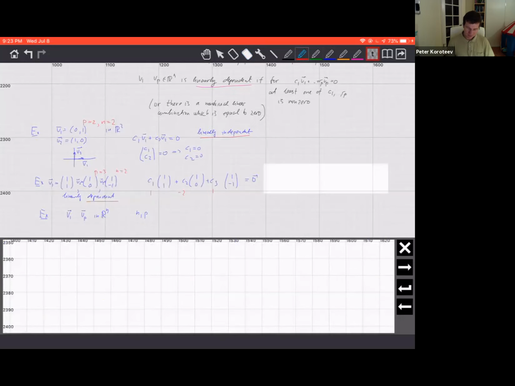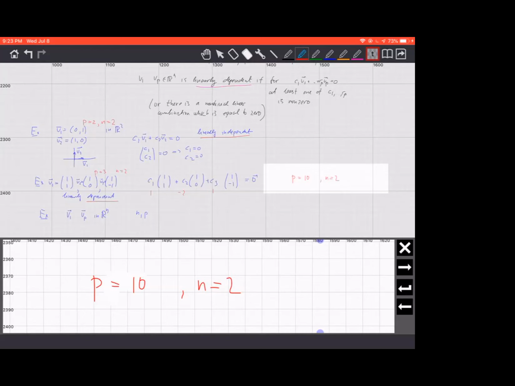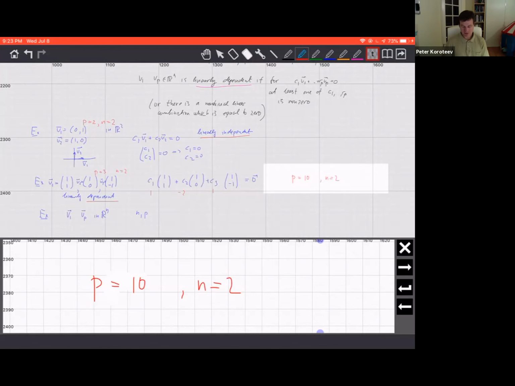Before we go there, how about if we have, let's even exaggerate, 10 vectors in 2-dimensional space, v1 through v10. Do you think they'll be linearly dependent or independent? Dependent? Sure, that's right, because there are simply only 2 constraints.